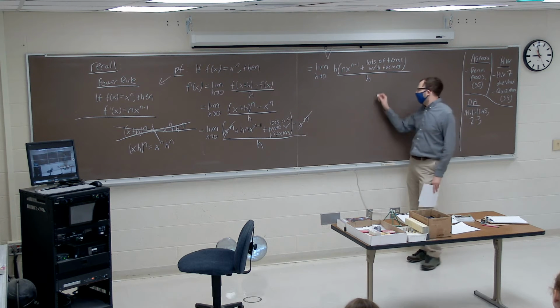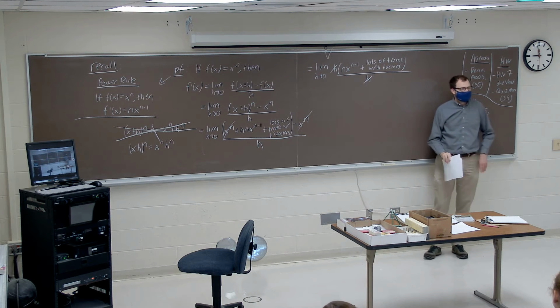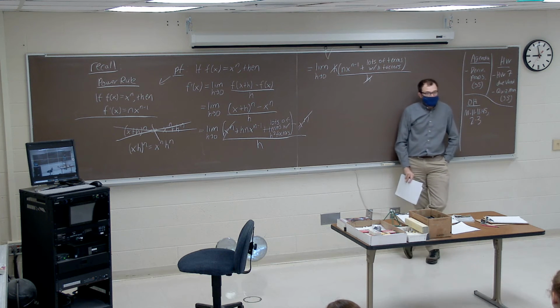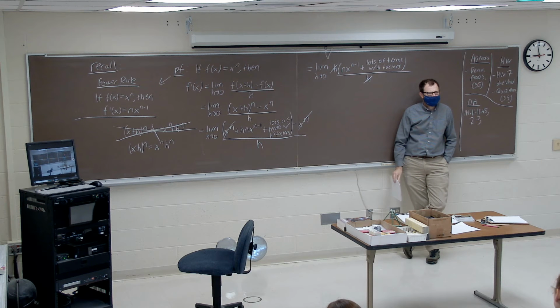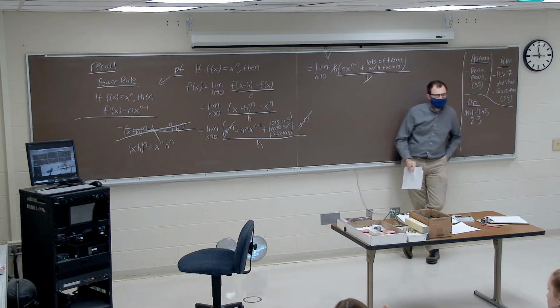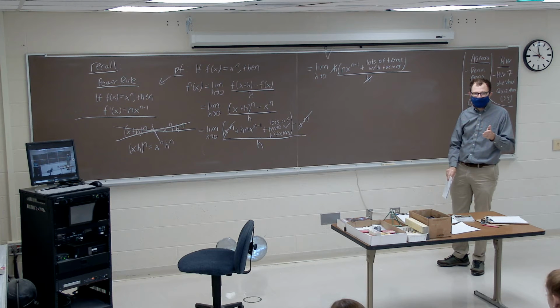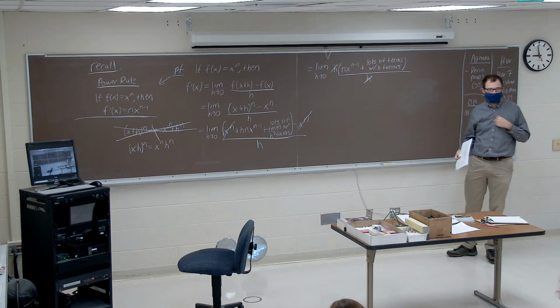I think we can give this the old swoosh, swoosh. So we have nx to the n minus 1 plus lots of terms with h factors. And now, what's going to happen if we take a limit as h goes to 0 of what's left? Well, we're just going to have nx to the n minus 1. What happens to all these terms with h factors? If we plug in 0, then they'll all be 0.